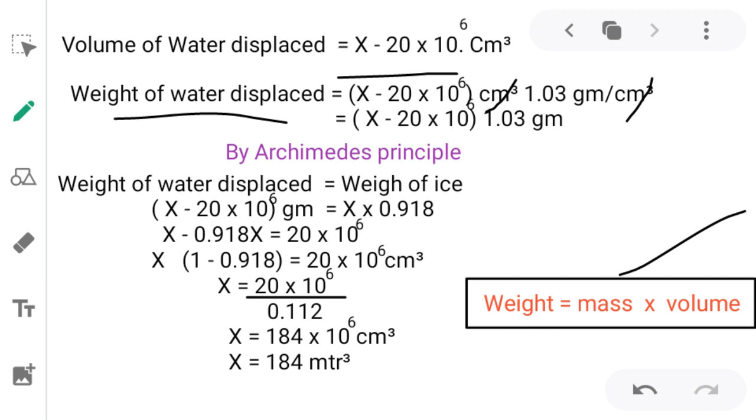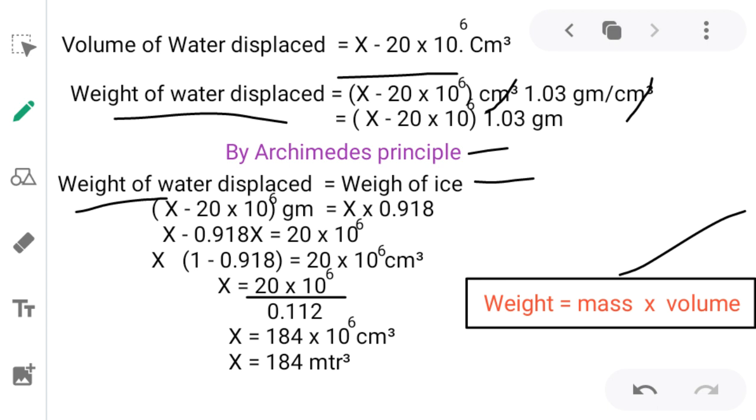By Archimedes principle, the weight of displaced water is equal to the weight of ice. That is the definition of the principle. So x minus 20 into 10 to the power of 6, into 1.03, equals x into 0.918.